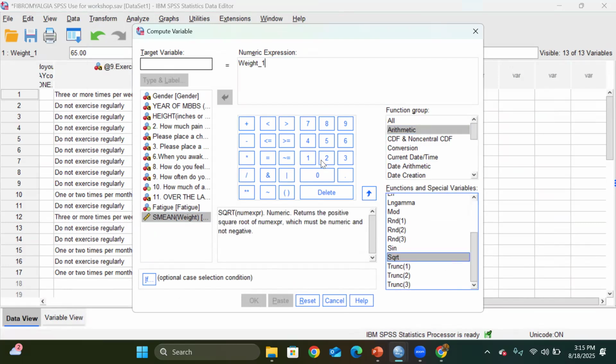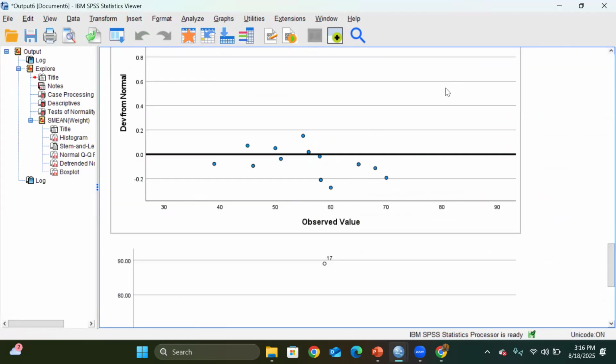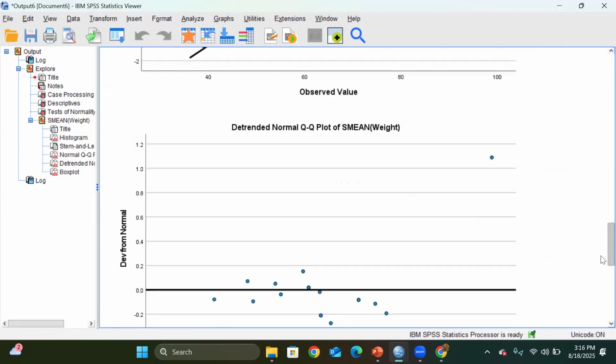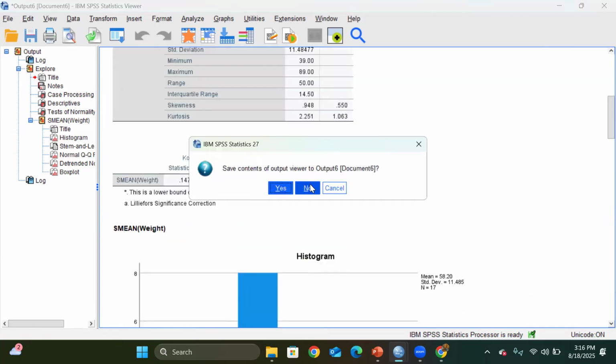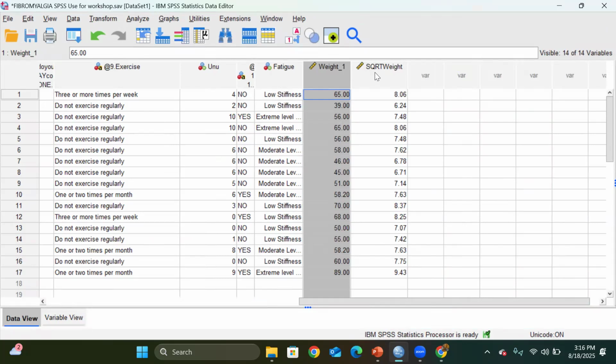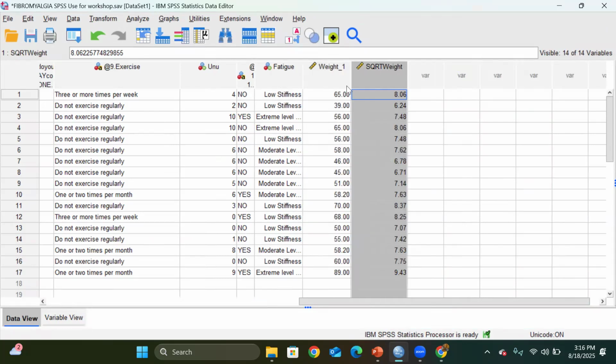I will use this one, and I will hide the weight. Remove this. I will say square root weight. This is the output window. I always close it because it just makes everything confusing. Now I have made the square root of it.